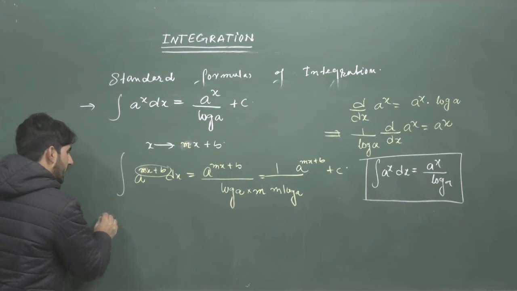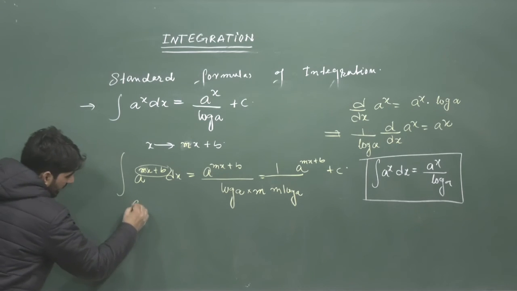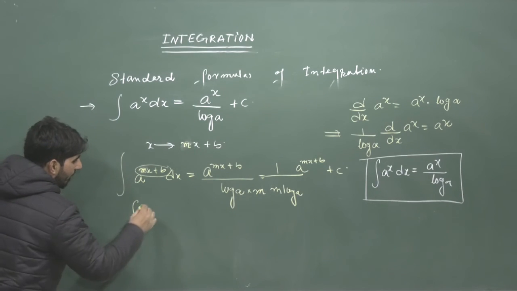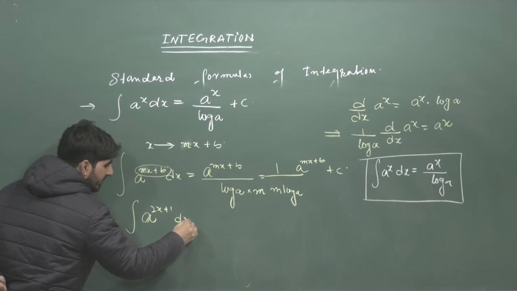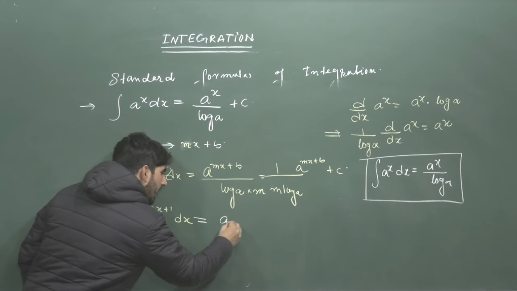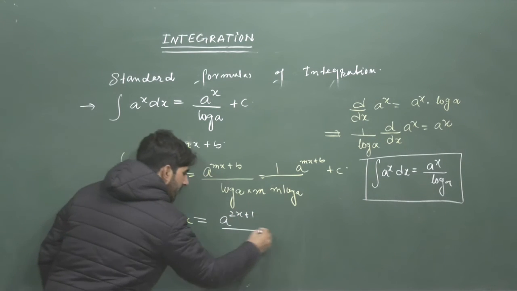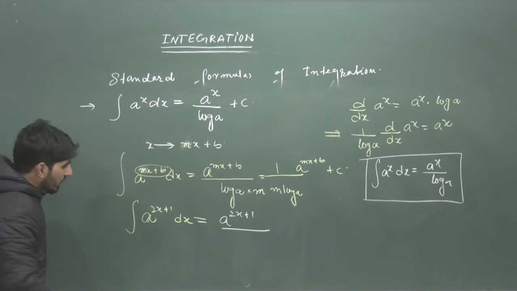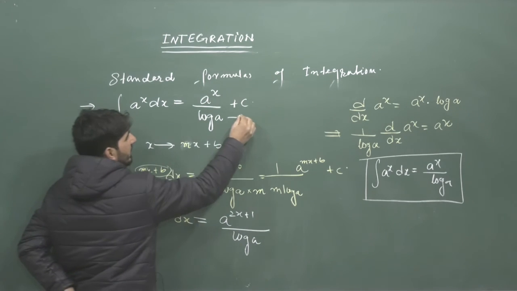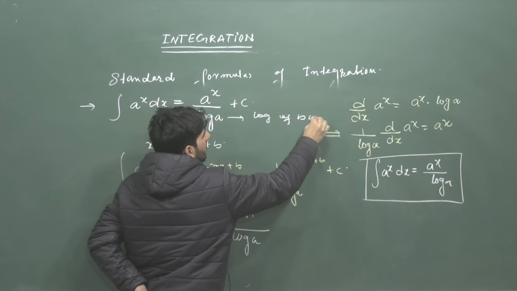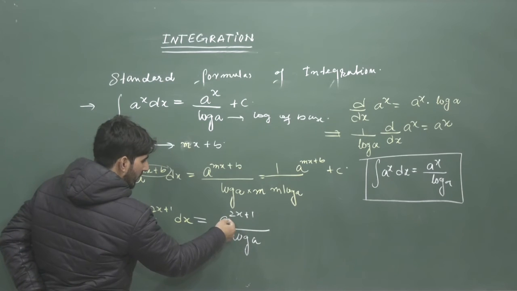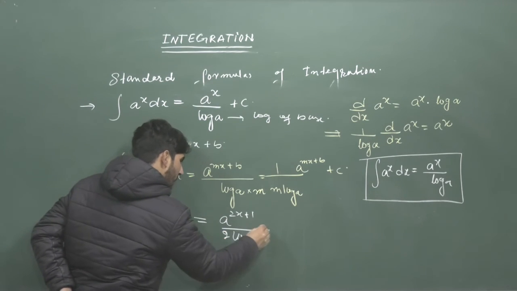Now let's take the example. Integration of a raised to power 2x plus 1 dx is equal to a raised to power 2x plus 1 divided by, apply this rule here, log of a, log of base, into internal differentiation of 2x plus 1, that is 2 plus c.